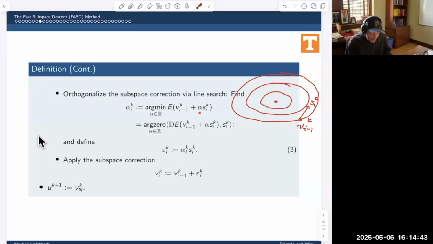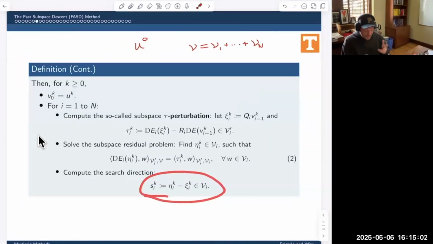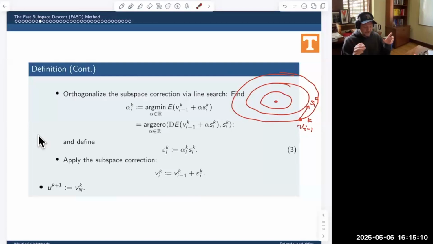Once we get that alpha ik, we're going to pair it to Sik, that search direction, and now that is going to be the correction for our scheme. So the big difference between this and the FAS method is the following. Instead of the FAS method, where we stop with the Si being the correction, we're going to do a process called orthogonalization.